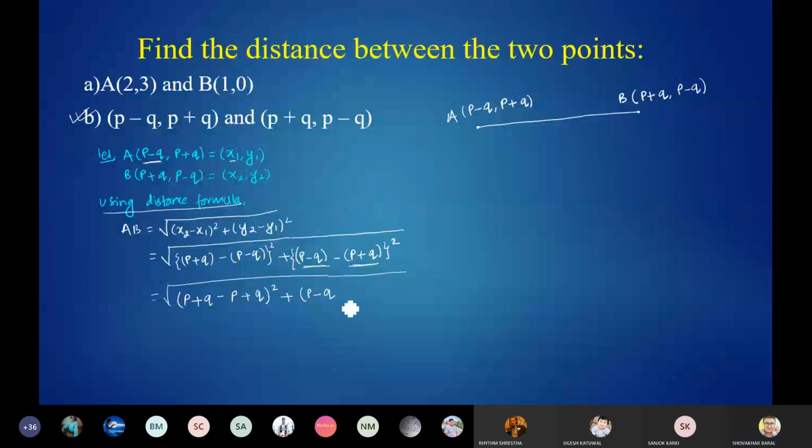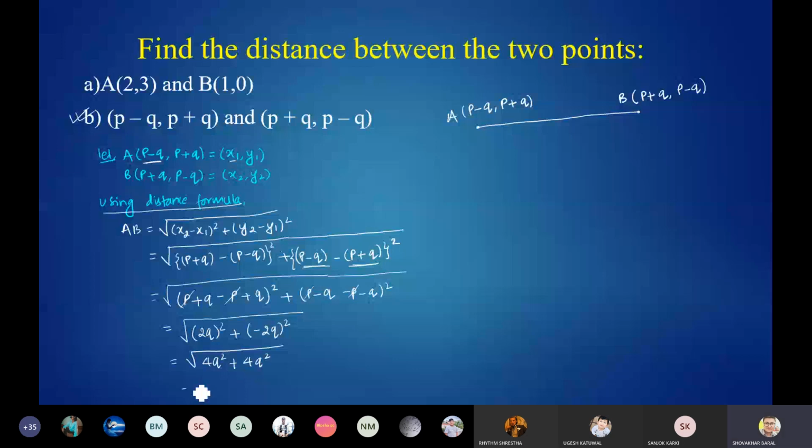So it will be p minus q minus p, minus into plus is minus, so minus q whole square. Minus p and plus p cancel, minus p and plus p again cancel. So it will be q plus q, which is 2q whole square, plus minus 2q whole square. So it is 4q square plus 4q square.